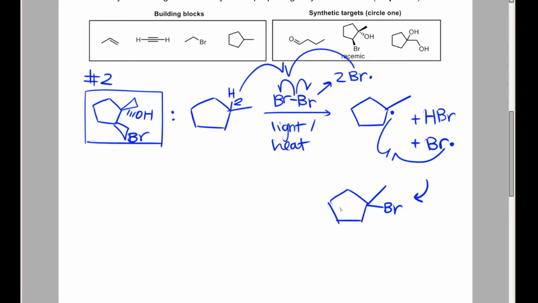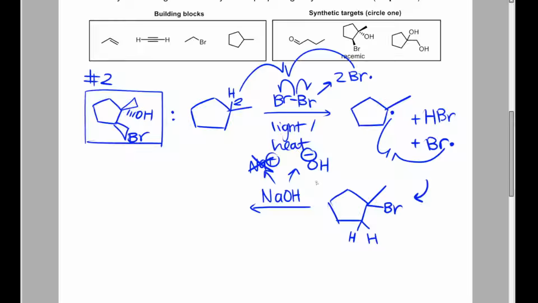Now, like I said before, we can see that this is a good leaving group, and across from it, there are 2 hydrogens bonded to this carbon that's directly adjacent to it, and this will pave the way for an elimination reaction. So in this case, we want to use a small base like NaOH, which is ionic, so it's going to turn into Na plus and OH minus ions in solution, and we don't really care about the Na plus ions.